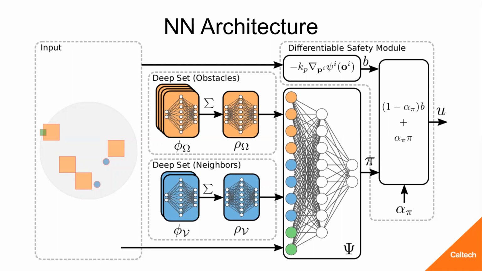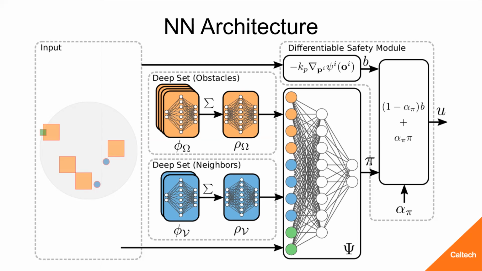But is there any way in the architecture that encodes that every deep set relates to one object? Is it clear that one object is being fed into one of these deep set networks? Is this part of the architecture? The only thing that's part of the architecture is that the number of elements in your set is variable.